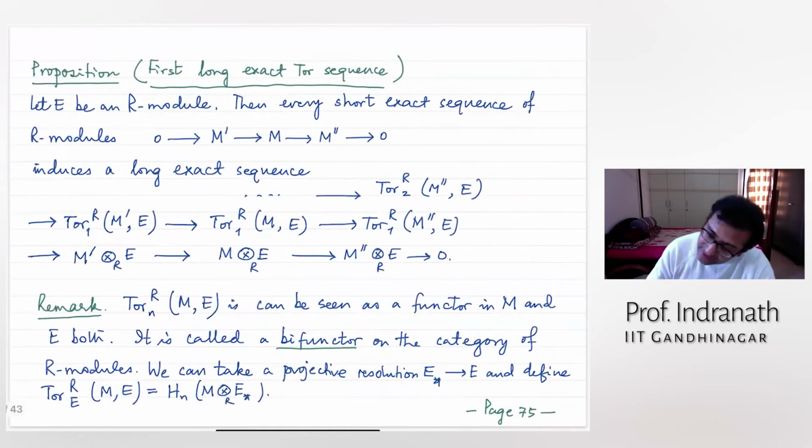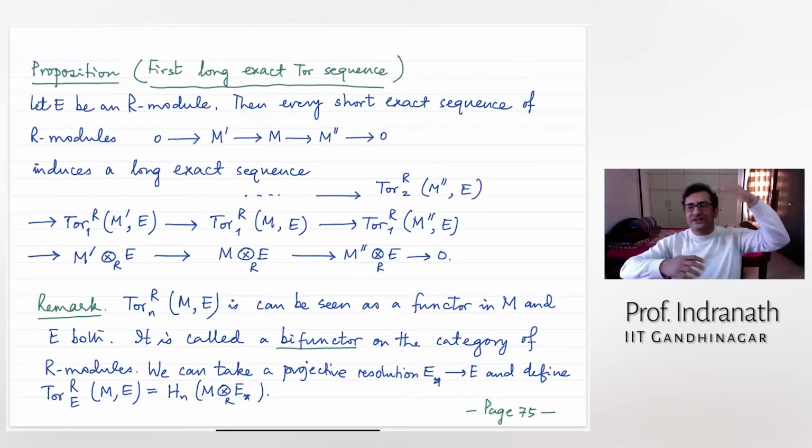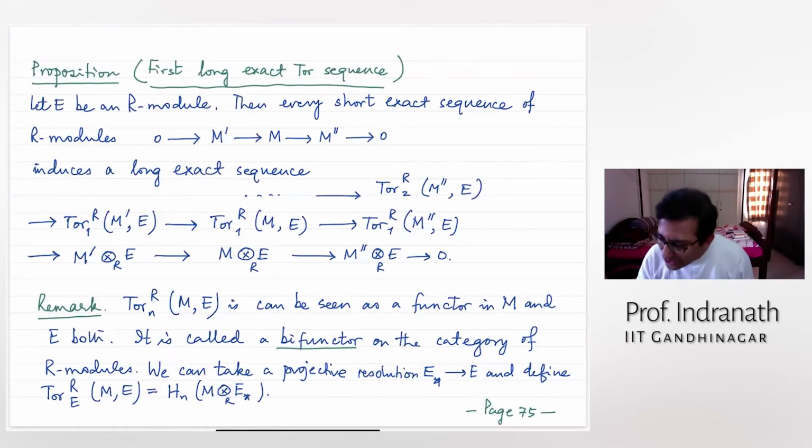That we had discussed before, that if you take two projective resolutions, if you have the functor, then we showed the equivalence. So that is how we proved that this definition of Tor is independent of the projective resolution you choose. But if you remember in the last tutorial, there was a discussion on taking a flat resolution and doing it.